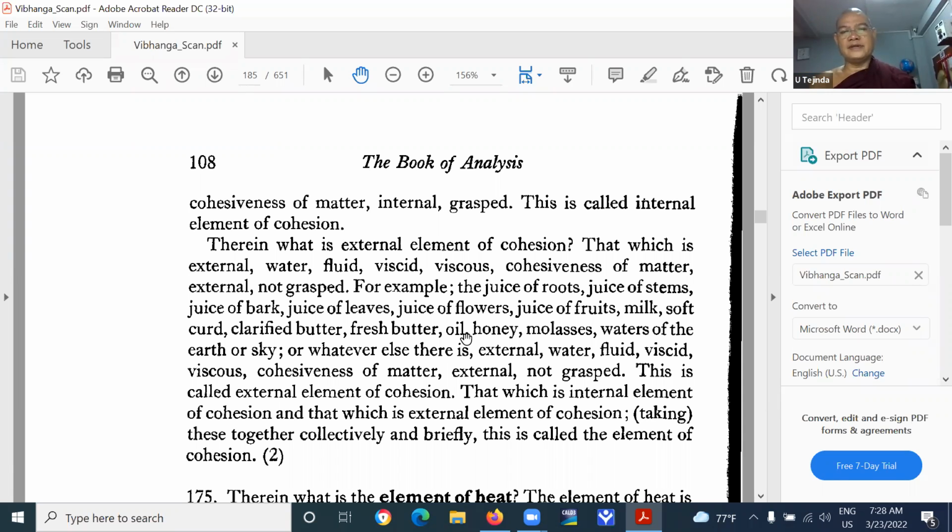Any cohesiveness outside our body is called external cohesiveness. So any kinds of juice, any kinds of water, any kinds of fruit, all kinds that cohere something outside our body, is called here the external water element.